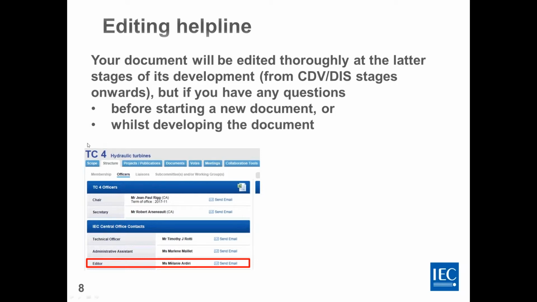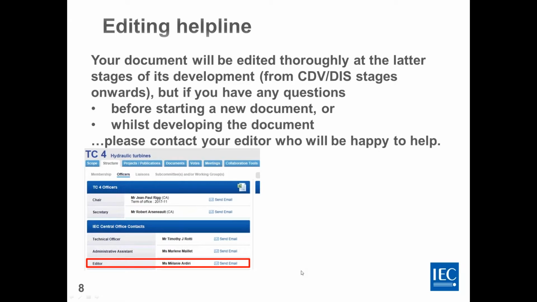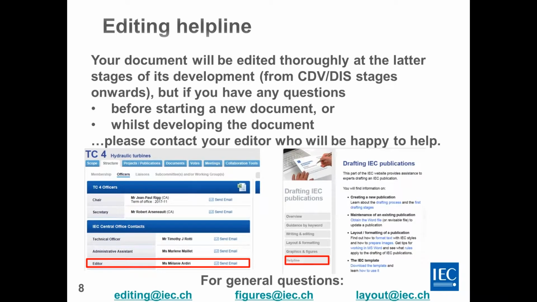Now, each technical committee has its own editor who is linked to that technical committee, and you can find the name of that editor on your technical committee page under officers. You can always contact that person, and that person will be happy to help.